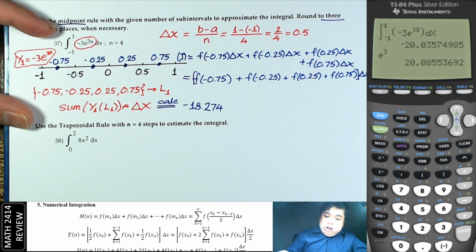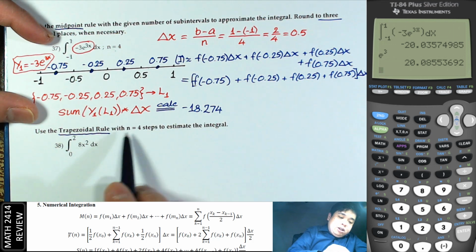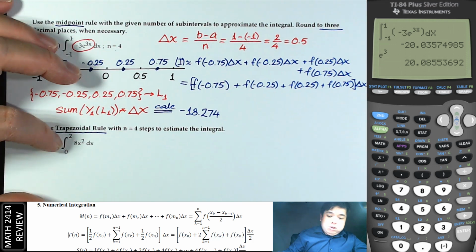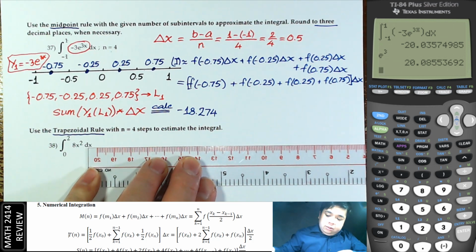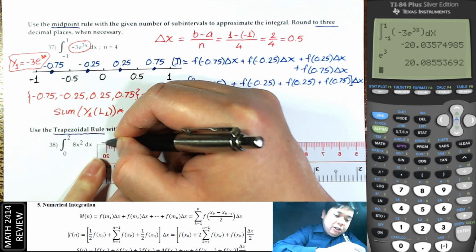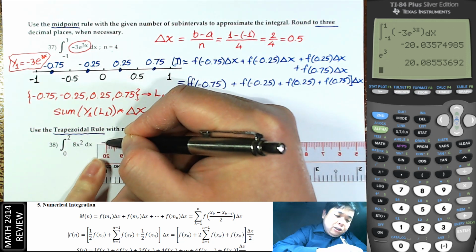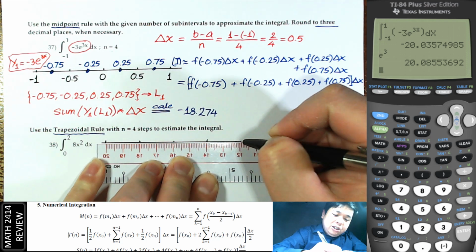Next, we go to the trapezoid rule. With this one, we have n equal to 4 from 0 to 2. So again, we divide into 4 equal segments: 1, 2, 3, and 4.